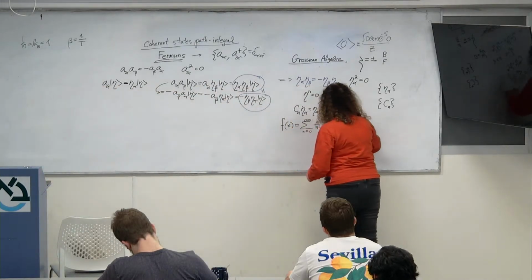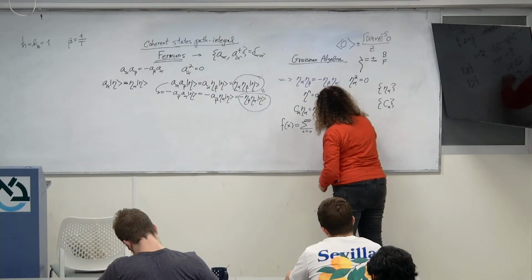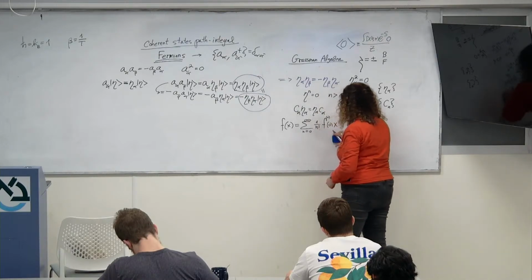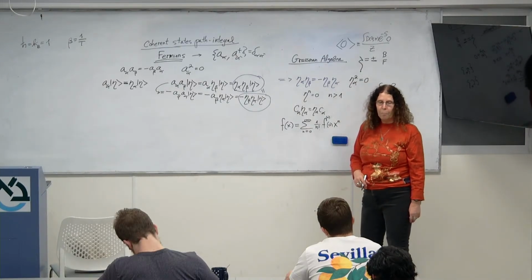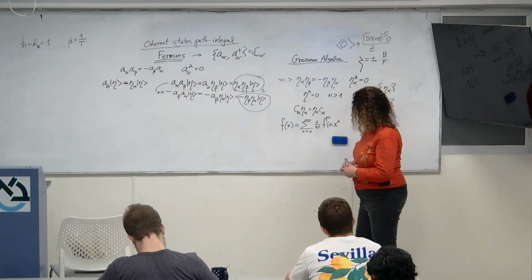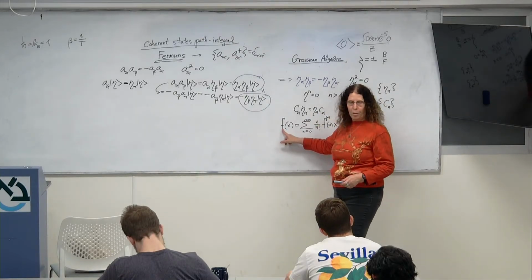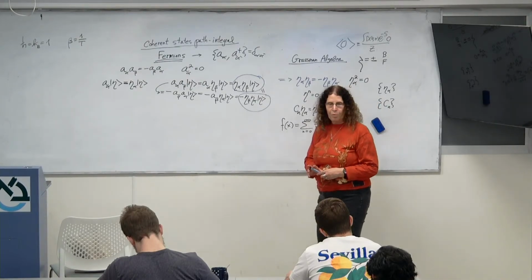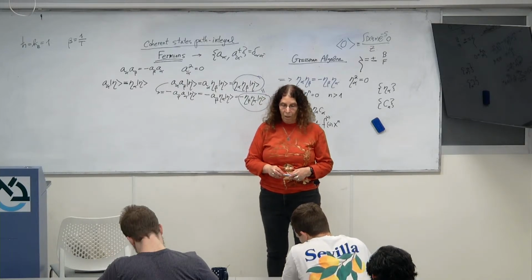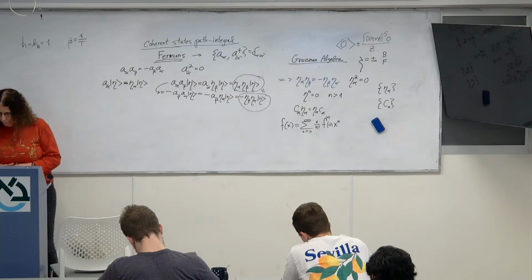We can expand any function near x equals 0 with f, the nth derivative at 0, times x to the n, over n factorial. This is a general Taylor expansion. Now, if I have a function of many variables, I have an expansion in terms of the derivatives.